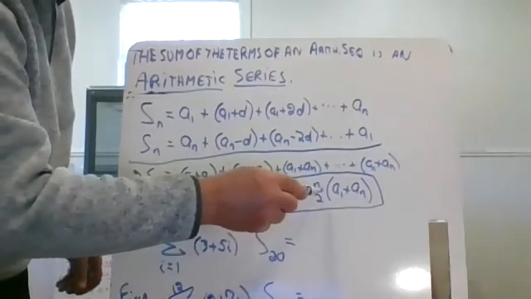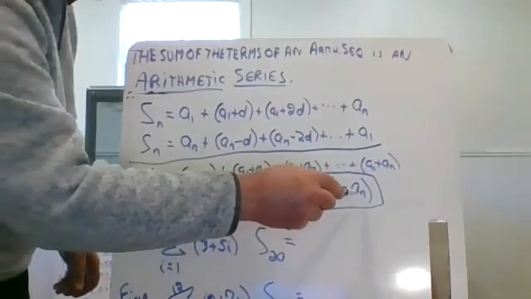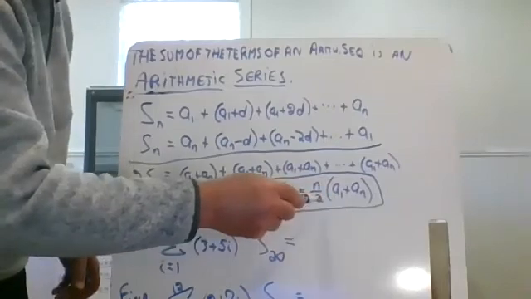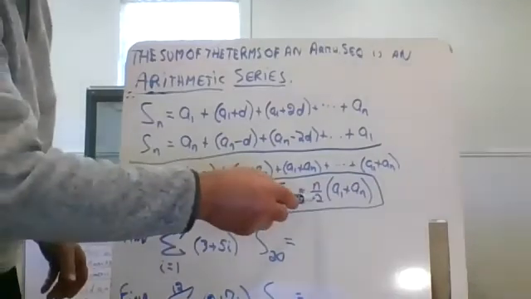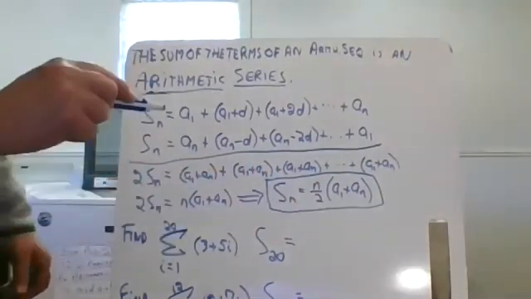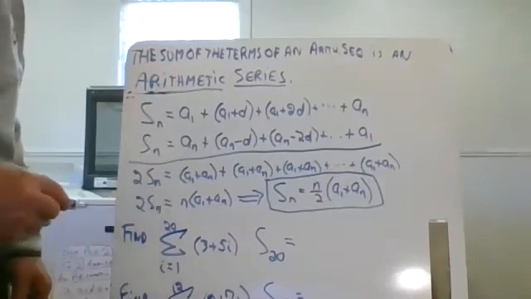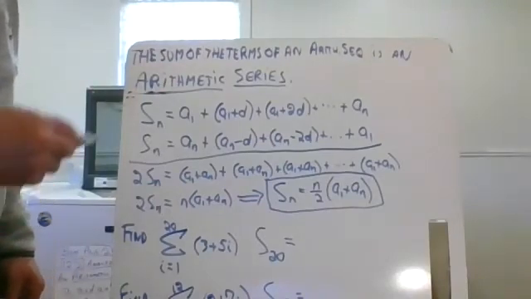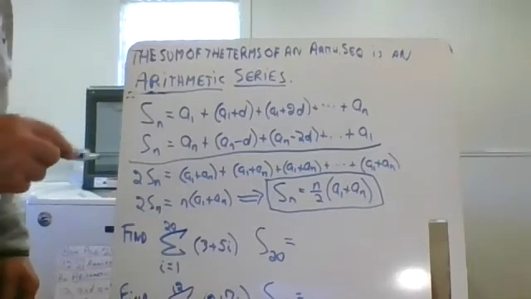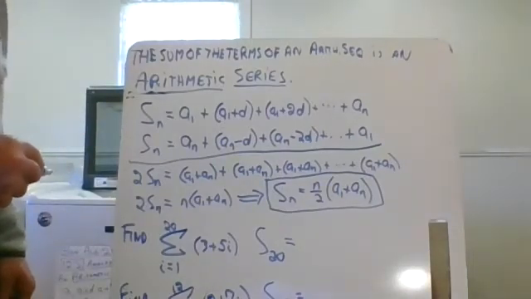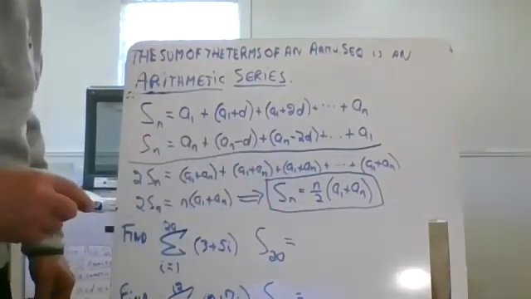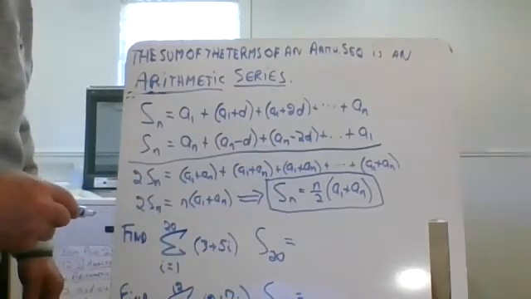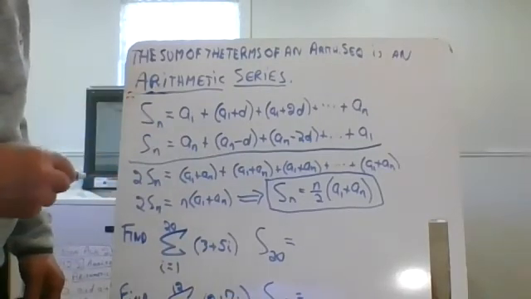It says n times (a1 plus a sub n) over 2. So you could put the 2 under here or under here, either way. This is just the way I'm used to it. But like I said, the book puts it under a1 plus an. And that's really the average then of those terms, (a1 plus an) over 2. But this is the formula for the sum of the first n terms of an arithmetic series.